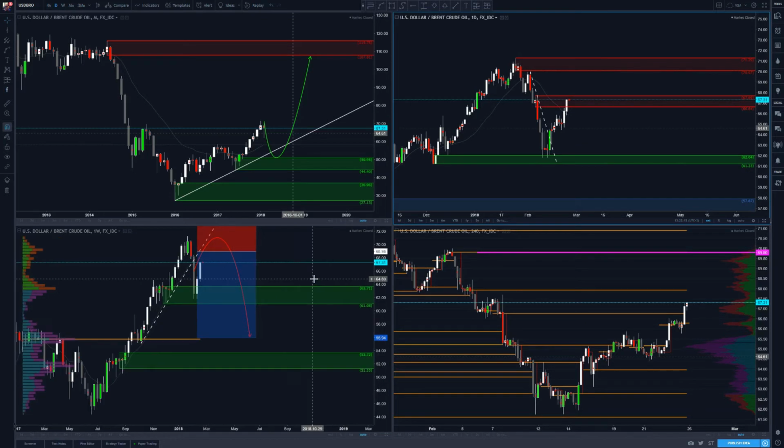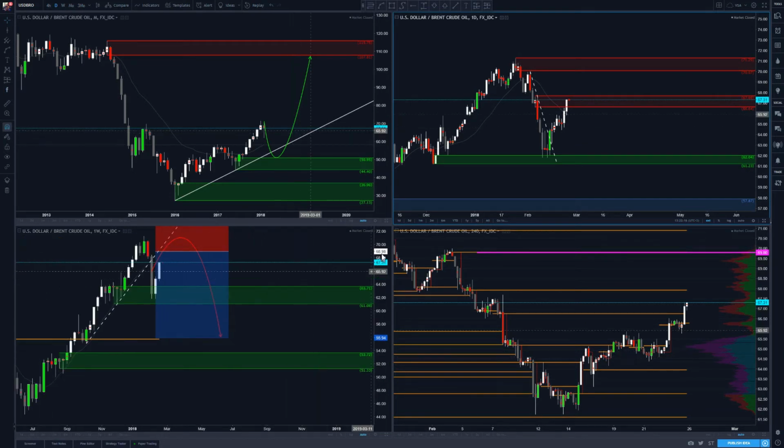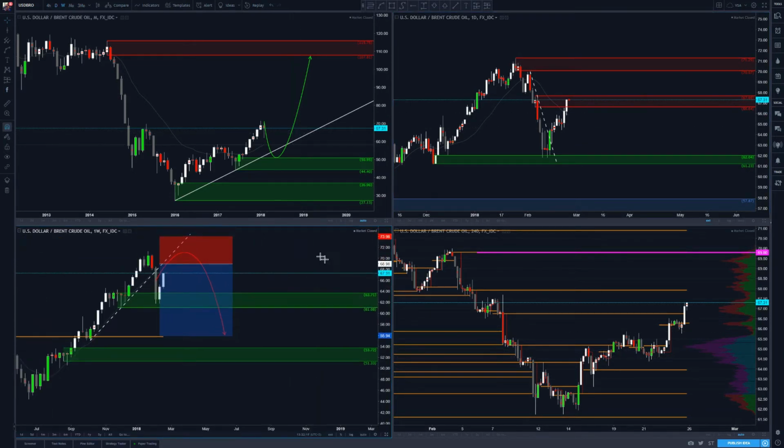Oil is a bit similar, because it also has dependencies on the dollar. On the monthly we have a nice uptrend creating new highs, and now I think there is a lot of profit taking. So that's why on the weekly we can see this drop to this supply zone, and now we're going to retest this trend line on the weekly, which was broken.